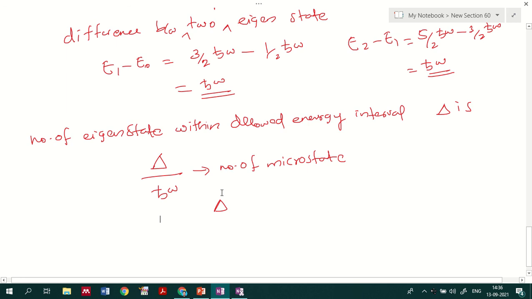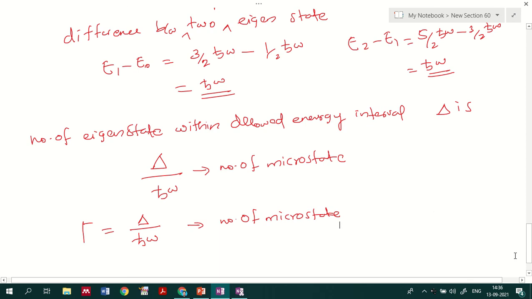We know that gamma represents the number of microstates in a particular interval. So gamma equal to delta by h cross omega. So this is the number of microstates in the particular energy interval. Okay, so this is how we are getting it here.